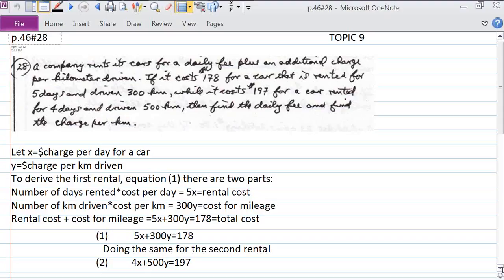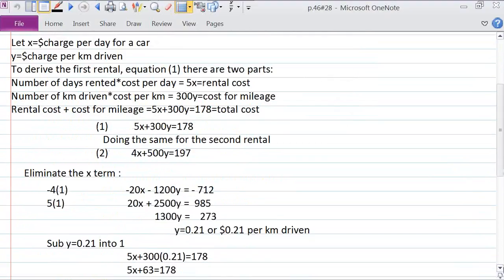So we now have 2 equations, and we're going to eliminate the x term. Multiply equation 1 by -4. -4 times 5x gives us -20x. -4 times 300y gives us -1200y. And -4 times 178 gives us -712.